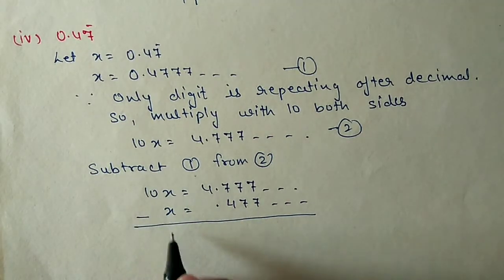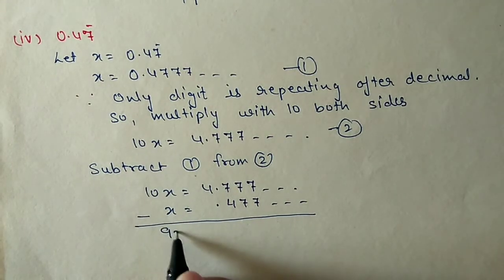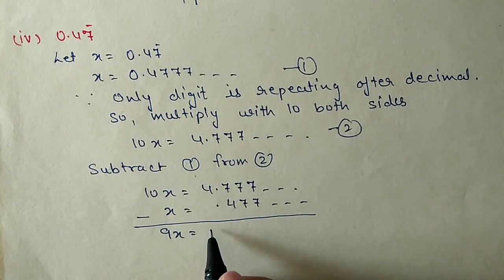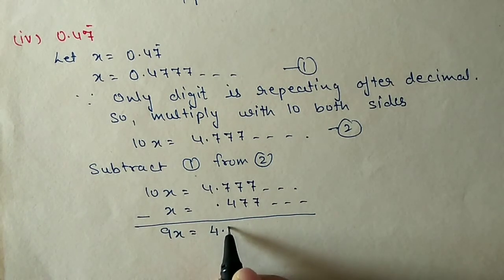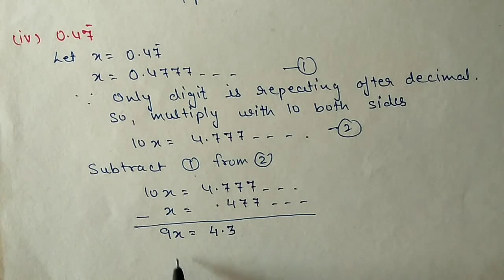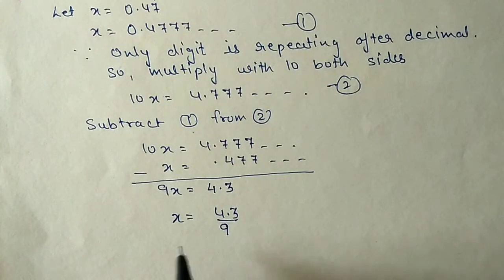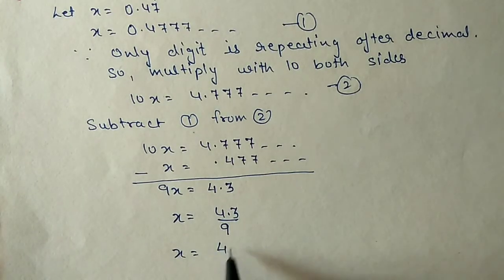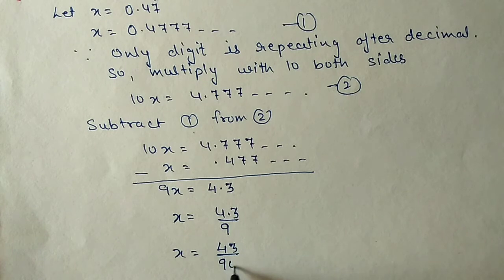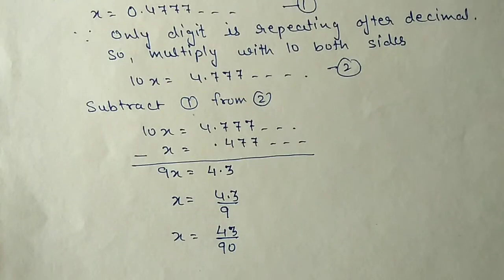After subtraction we will get 9x is equal to 4.3, or we can write x is equal to 4.3 by 9. If we remove this decimal we will get x is equal to 43 by 90, which is our answer.